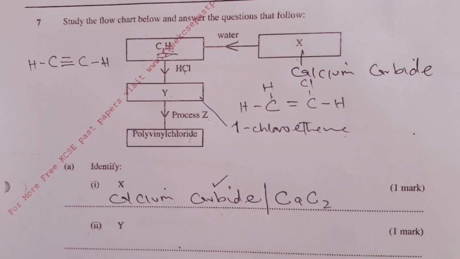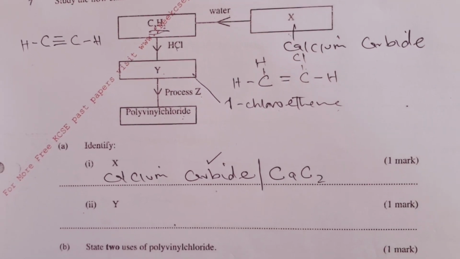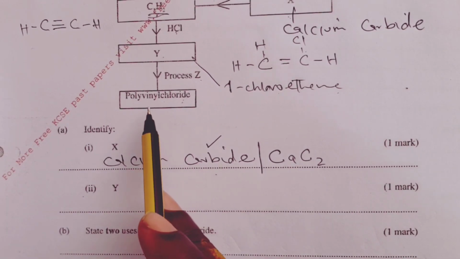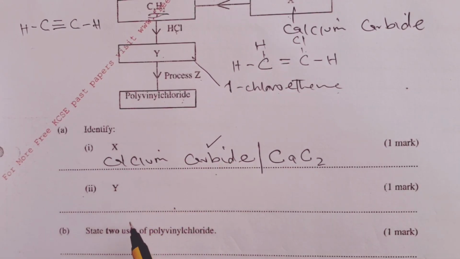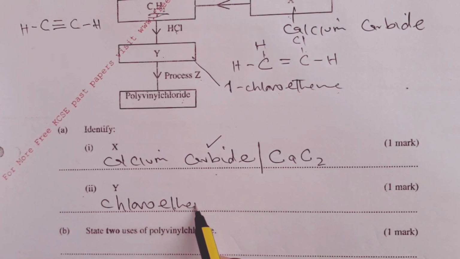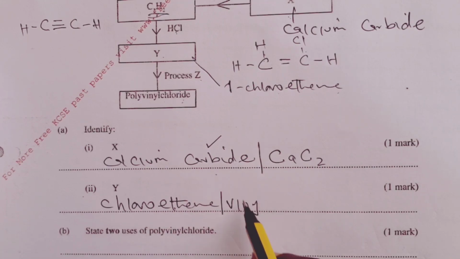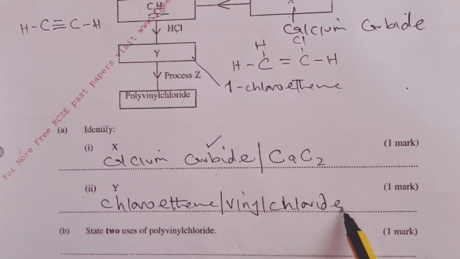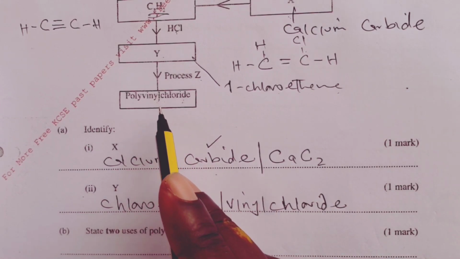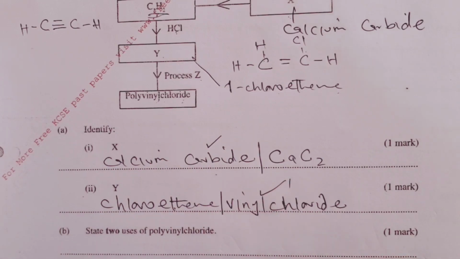Y, we've agreed, is the monomer that gives the polymer polyvinyl chloride. So a candidate could give the chemical name chloroethene, or we could accept vinyl chloride as well from the name of the polymer given here, for 1 mark.